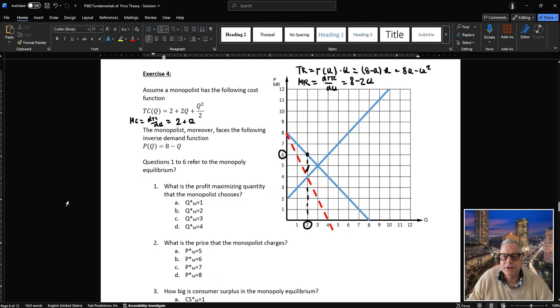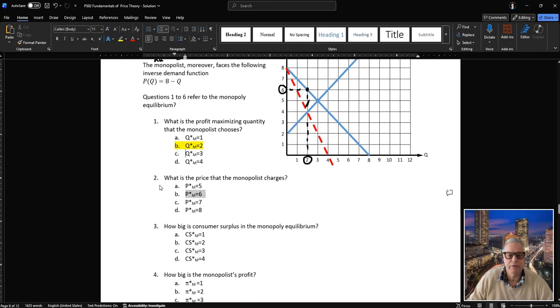So the profit maximizing quantity is 2, and the profit maximizing price is 6.